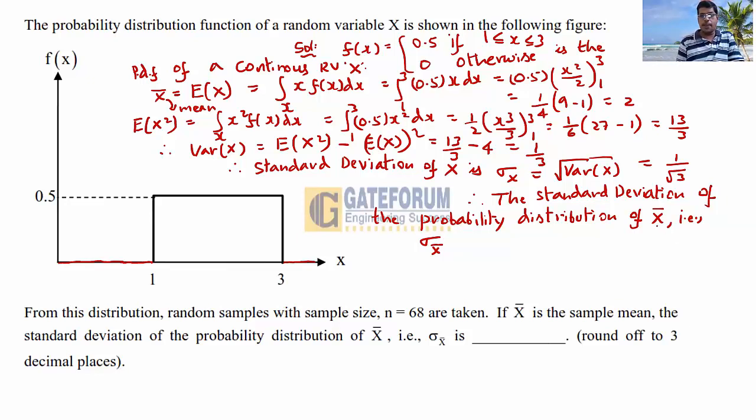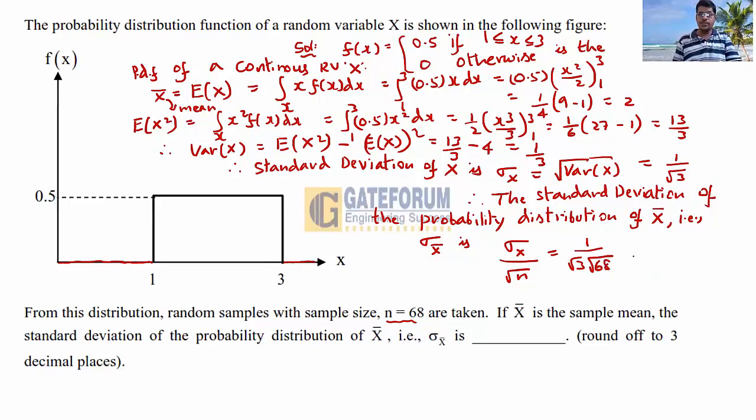The sample mean x bar has standard deviation given by sigma divided by square root of n. That is, the standard deviation of the given x values divided by square root of n. So n is already given as 68. Sigma, which we just now calculated with respect to x, is 1 by root 3 times root over 3.